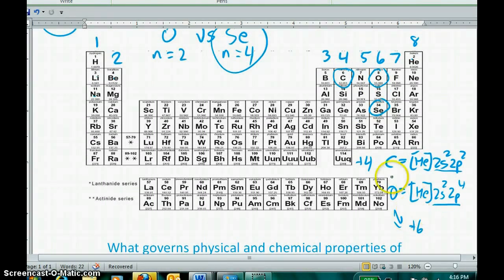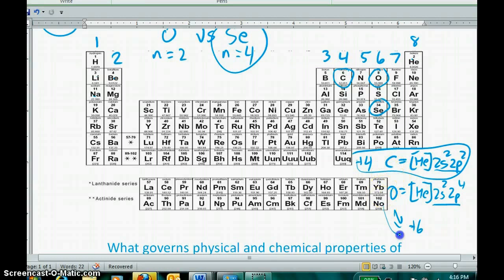If the atom has a greater effect on the valence level electrons in the second principal energy level, it's going to draw them in more tightly, closer to the nucleus. Carbon has less of an effect on these valence electrons, so they tend to be farther away from the nucleus. And therefore, I would say that carbon, by virtue of the fact it has a lesser effect on its valence electrons, has a larger radius.